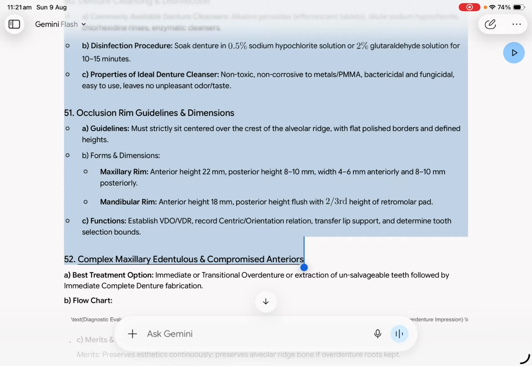52. Complex maxillary edentulous and compromised anteriors.